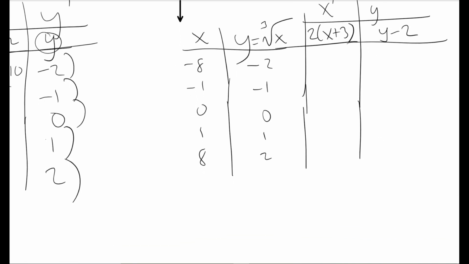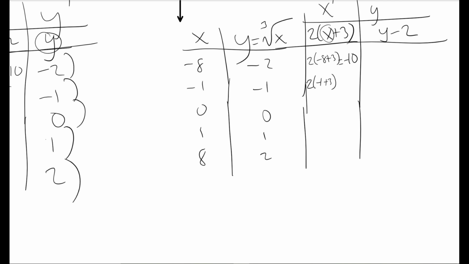All right. So now when x is negative 8, we're going to go ahead and plug those numbers into here. So we got 2 times negative 8 plus 3. Well, negative 8 plus 3 is negative 5. Negative 5 times 2 is negative 10. So we got negative 10 there. Now let's plug in negative 1. Negative 1 plus 3, I'll try to write it out just so you have it.